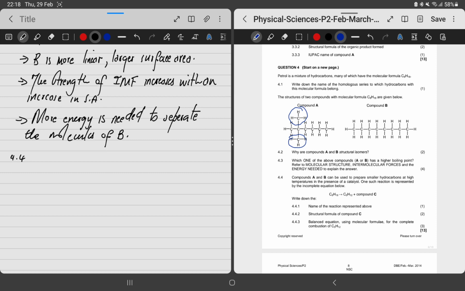In the presence of a catalyst, one such reaction is represented by the incomplete equation below. Okay, so we have C8H18 and then it gives C5H12 plus compound C. So this compound right here, when we add the carbon atoms, it must have the same as the one on the left.